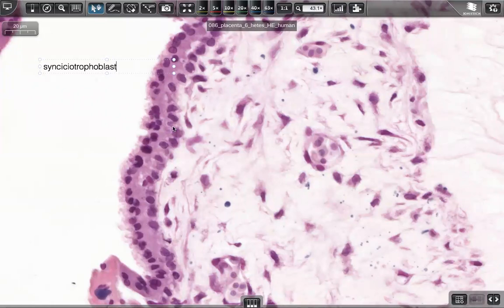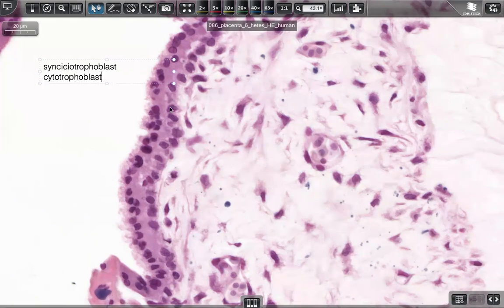And underneath the syncytiotrophoblast, closer to the mesenchymal core, we can find the cytotrophoblast. So the cytotrophoblast layer forms the inner one.